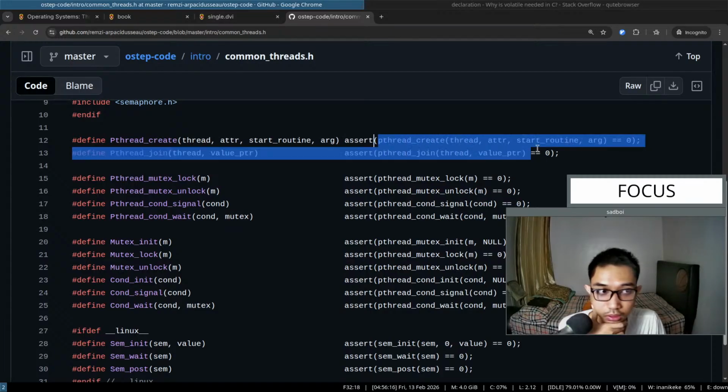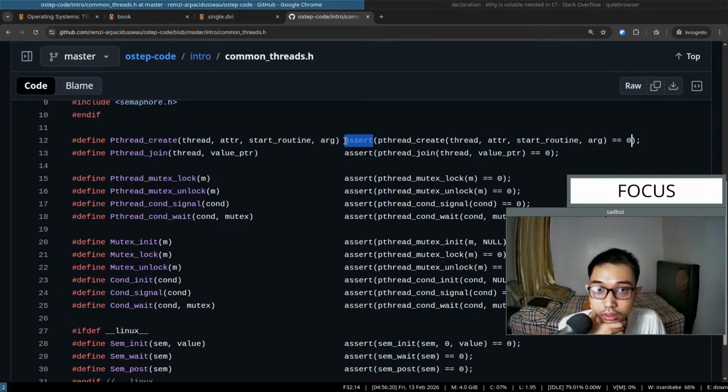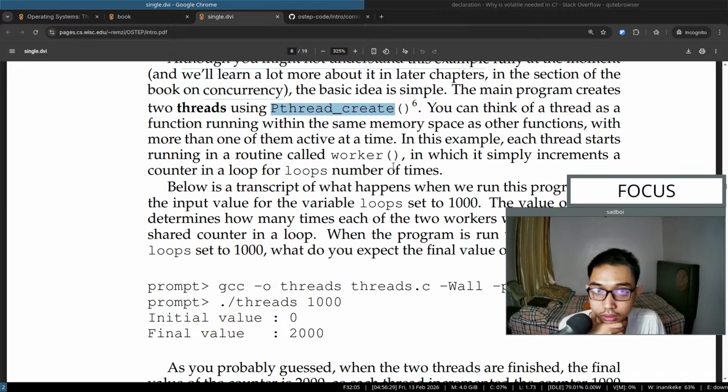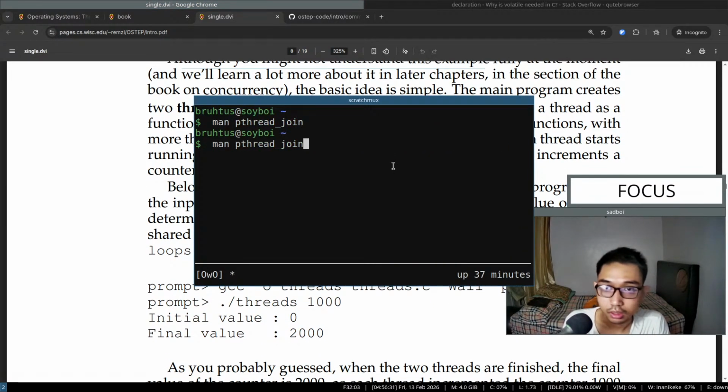So if this is false, we will throw an error, something like that. Let me check. Is it false or true?